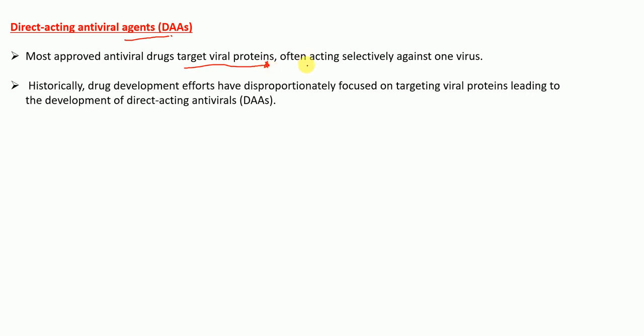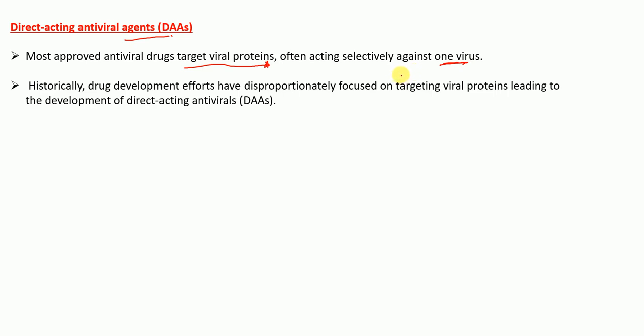When we use directly acting antiviral agents, they selectively target one virus. So that is actually the limitation of these directly acting antiviral agents, because we cannot use them against another virus. If it's a different virus, then we have to find another directly acting antiviral agent.